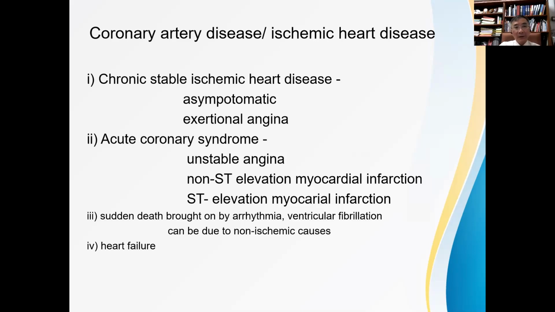Now, sudden death can also be caused by ischemic heart disease, but technically, sudden death is caused by an irregular heartbeat, an arrhythmia called ventricular fibrillation, where the heart contracts irregularly without coordination and is therefore unable to pump out blood to the body. This ventricular fibrillation results essentially in an inadequate blood supply to the brain and to other parts of the body, and the patient can die.